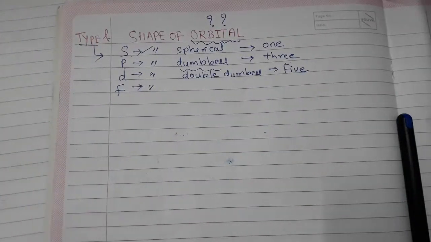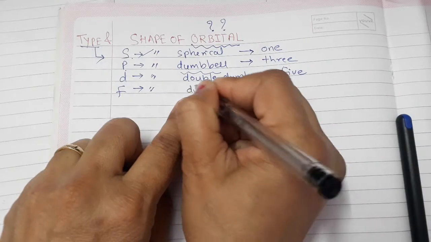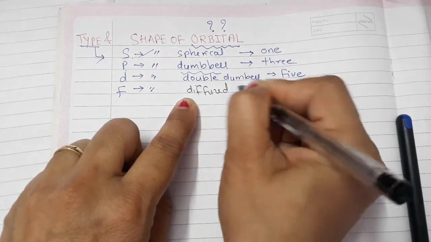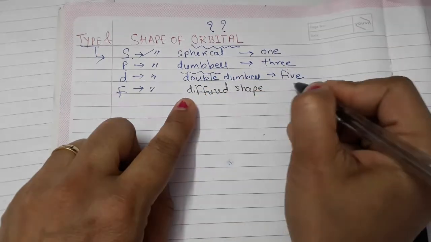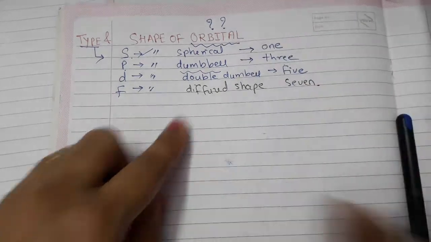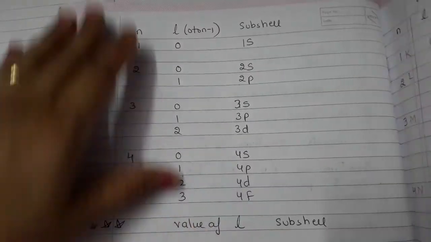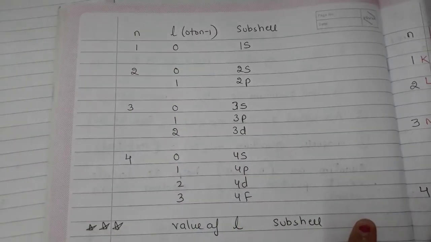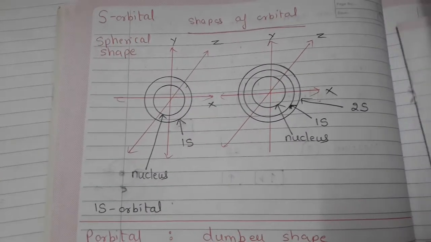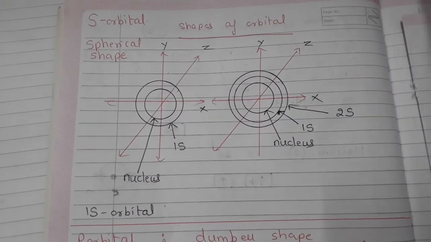Now what about f orbital? It is having diffused shape, and it is of 7 types. Okay, now if you could see here, I have already drawn some of the shapes as well. Just have a look at this particular page.